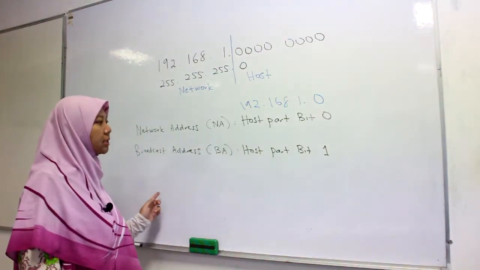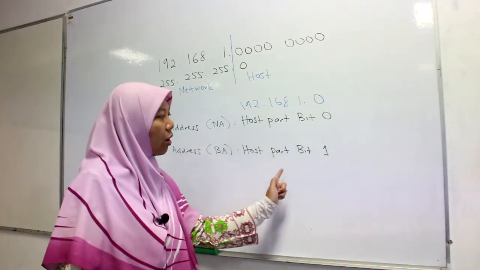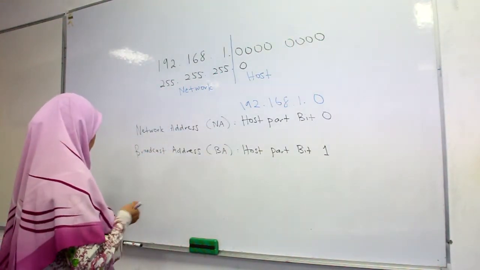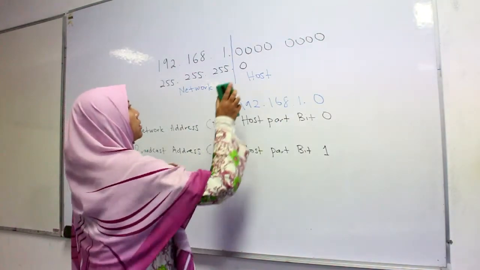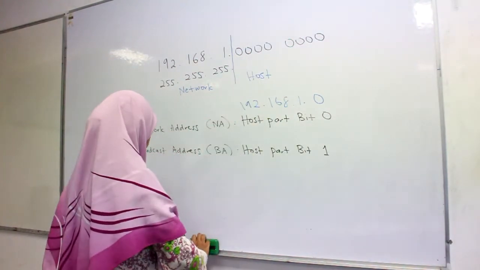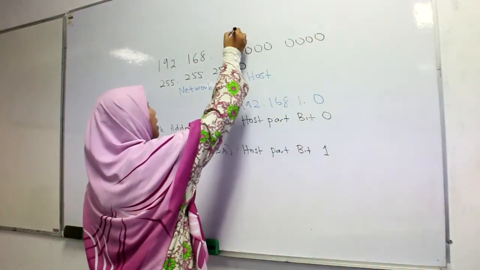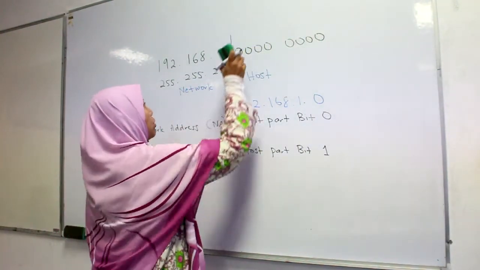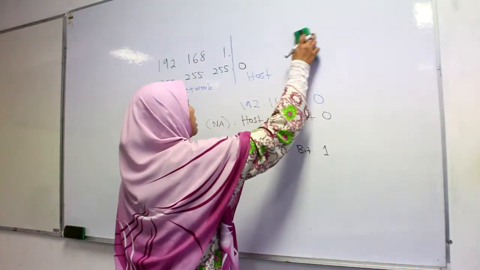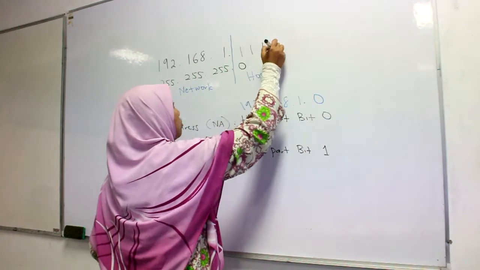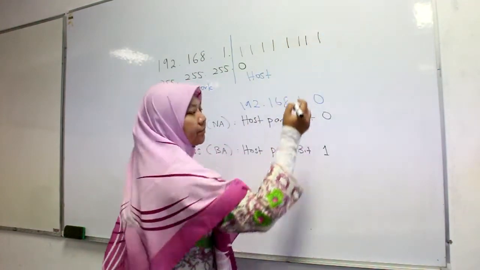So the condition is the byte of host, all the bits must be number 1. Okay, this is maintained. Right now, to get broadcast address, change this into 1111111.